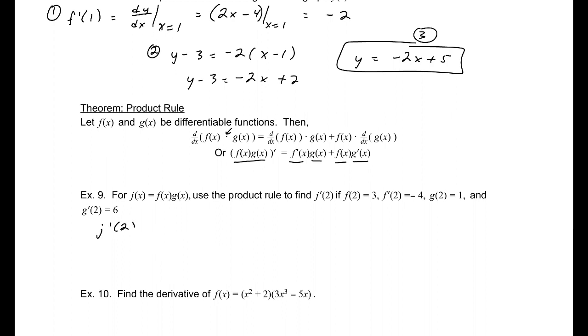J prime of 2 is f of 2 times g of 2 prime. By definition, that is going to be the derivative of f, so that's f prime of 2 times g of 2 plus f of 2 times g prime of 2.